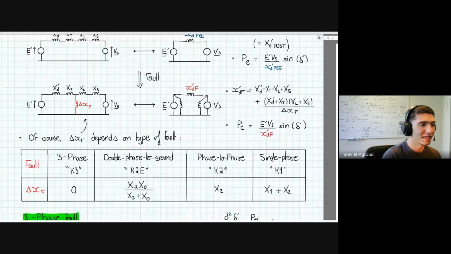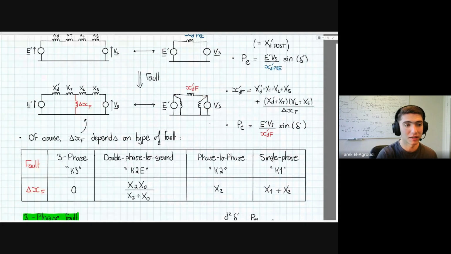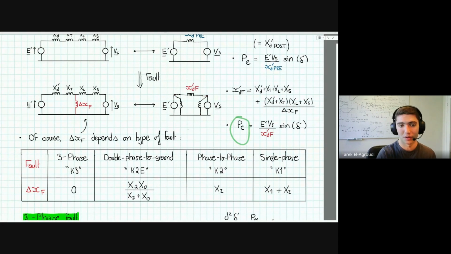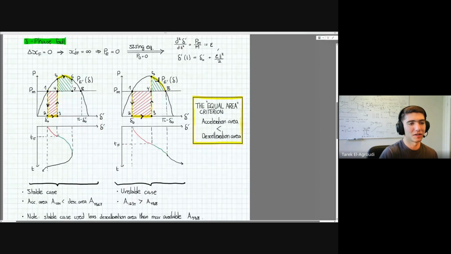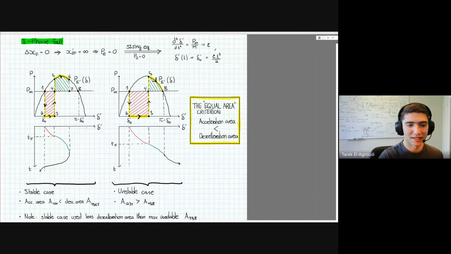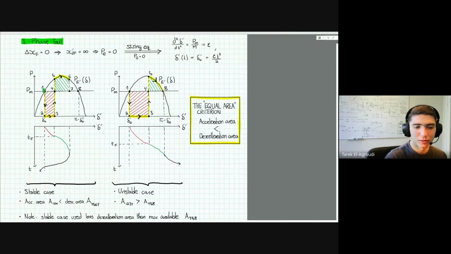That basically means that your entire current just flows with zero impedance down to ground, and your grid voltage completely disappears. And if your grid voltage disappears, your electrical power goes to zero. Because you should always use the worst case for, for example, stability margin analysis, let's say we are at our operating point and then the fault occurs and suddenly our electrical power goes to zero.